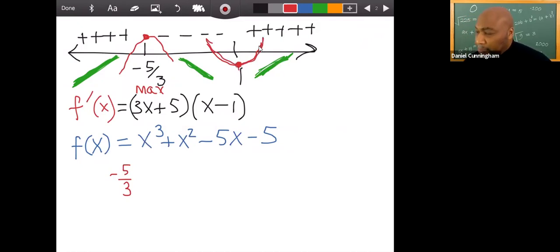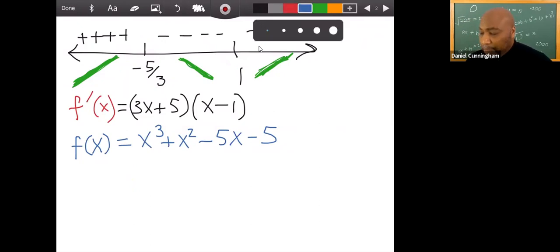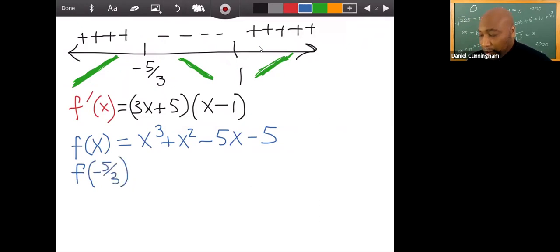Okay. Now, what we want to do before we start the sketch of the graph, because we do want to sketch the graph, I want to figure out what is the y value at those critical points. What do you mean, Mr. C? You can go back to the original function and plug in a -5/3 in the original function, which is in blue. And I did the work for you.